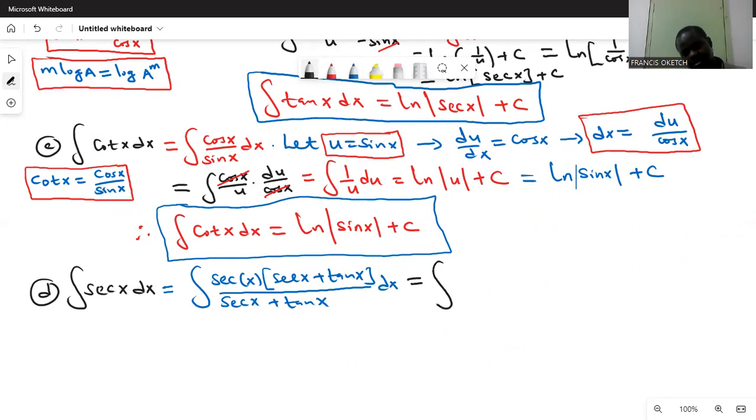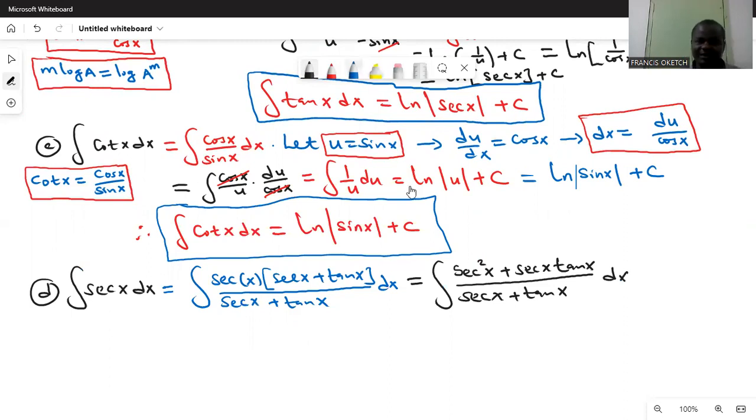In our numerator, if I open the bracket, it will be the integral of sec squared x plus sec x tan x over the denominator, which is sec x plus tan x, then dx. Why am I doing that? Because I need a rational function. From here it is easy to see what should be u and what should be du.